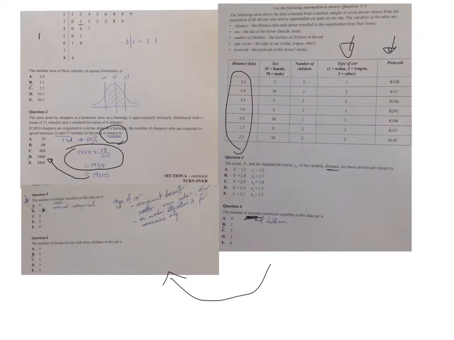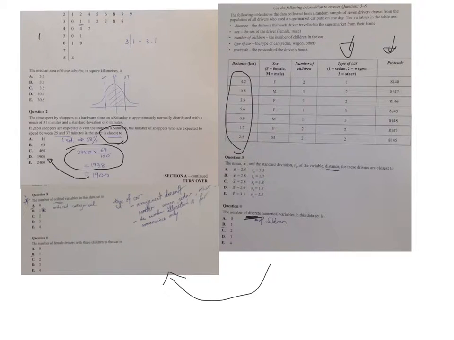So in reality, even though these are numbers, it is a categorical data. Number of children is definitely numerical and discrete. Female and male, obviously categorical, and distance is numerical, but it is not discrete, because distance can be broken down to smaller and smaller parts.